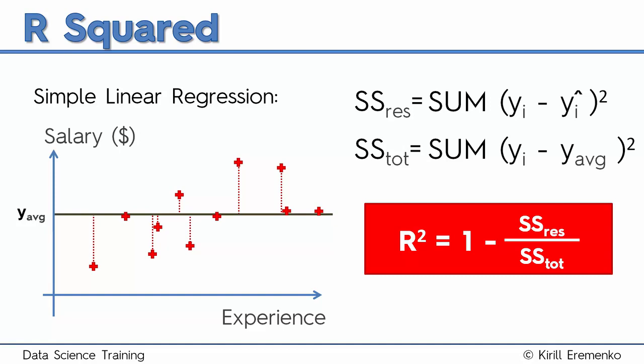So in a way, the way to think of it intuitively is that the average line, which we have on the chart right now, is also a type of trend line. It's just horizontal, right? It's not sloped. It's just a horizontal trend line, but it kind of also is. So you can think of it as a model that is fit to your data. It's not the best model, but it's just y average.